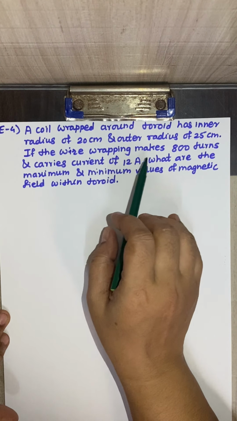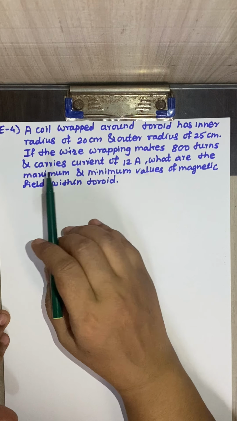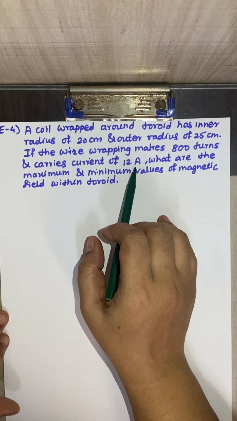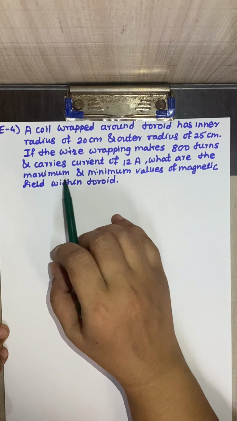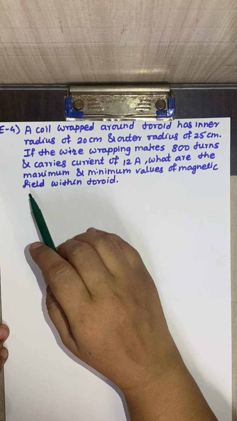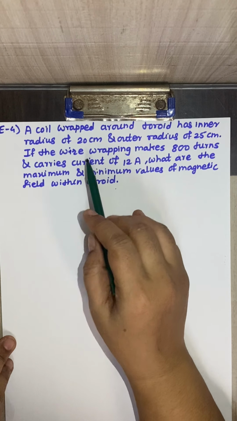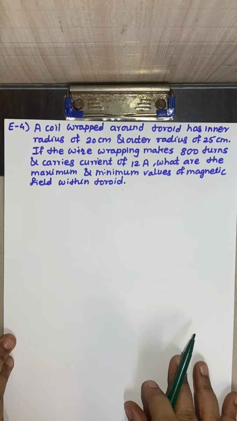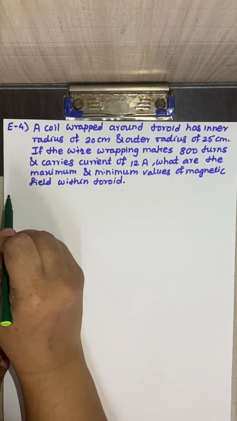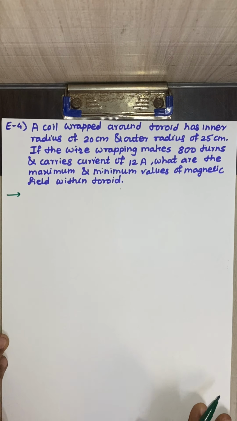If the wire wrapping makes 800 turns and carries a current of 12 ampere, what are the maximum and minimum values of magnetic field within the toroid? Such types of numericals are also asked sometimes for 2 marks. So let us solve this example.